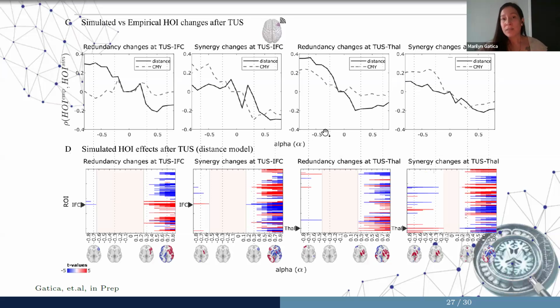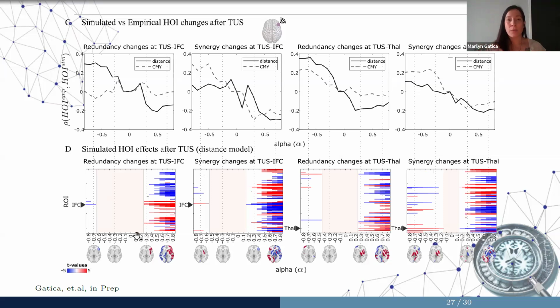But this alpha parameter is how much you are targeting the area. I would like to focus here on the stimulation in the inferior frontal cortex and the right thalamus, the result for the redundancy, for the synergy, the same on the other side. And I would like to focus only on the redundancy so far in the two cases. Here, for example, we have this area in red.